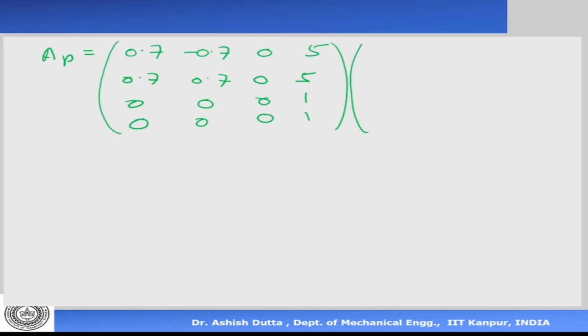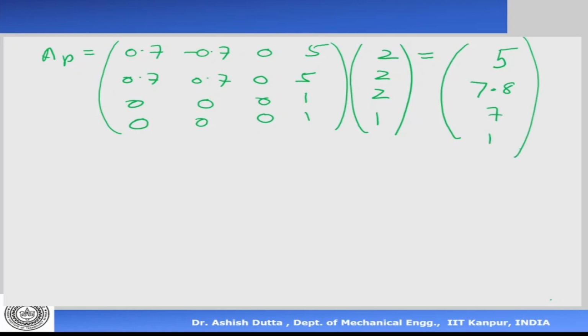And what was BP? BP is given as 2, 2, 2 and 1. So when I multiply it out, I get my answer as 5. So this is 5, this is 7.8, this is 7, and that is 1. Okay, so what is AP? The coordinates of the point AP. So AP is equal to 5, 7.8 and 7.